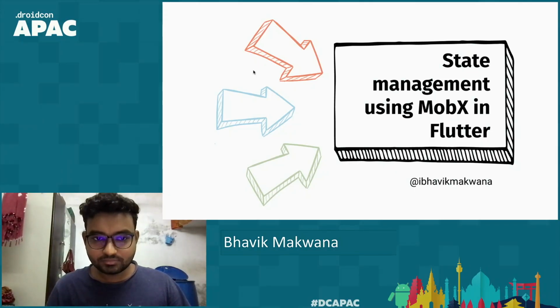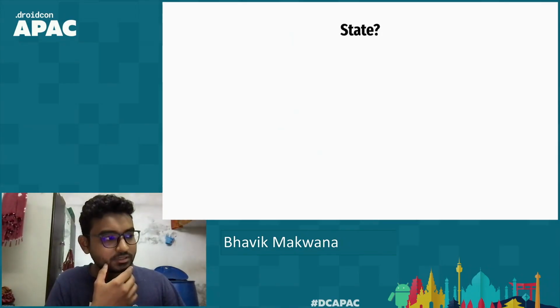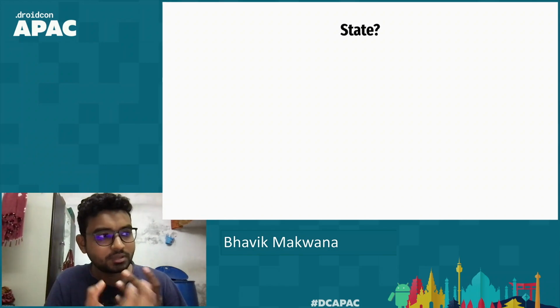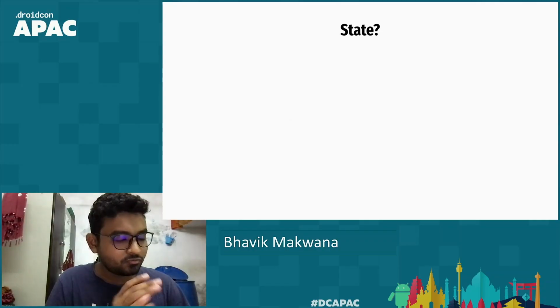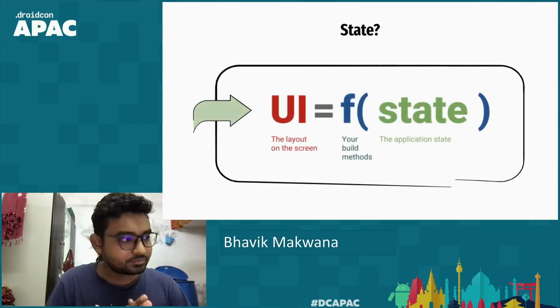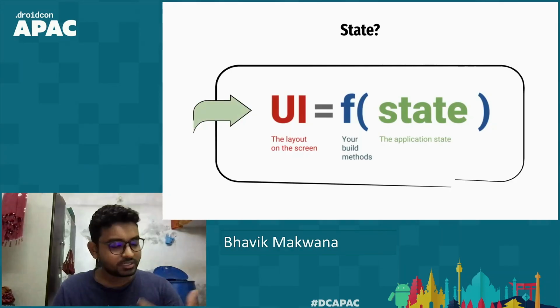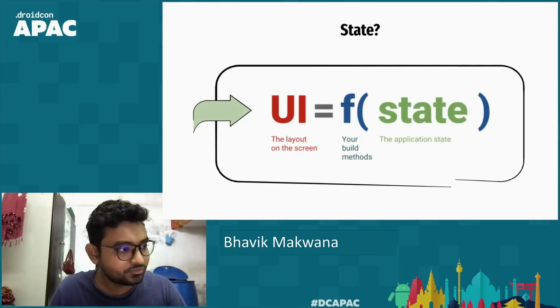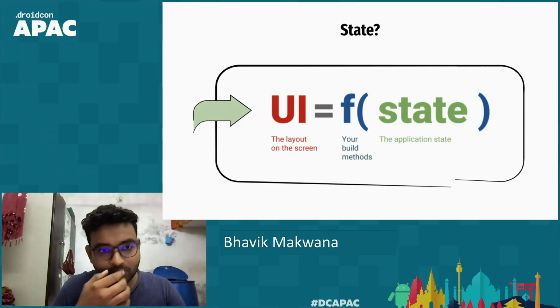So in this talk, as we know, we are going to talk about MobX and state management. Before that, what do we actually know about state? Everyone has a different perception about how state works. For me, as we are going to play with widgets, state is information that can be read when the widget is built, and it can be changed during the lifetime of the widget.